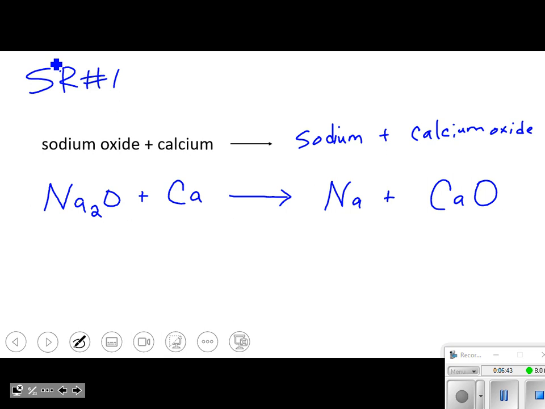Now, as I'm looking at that, Matthias, am I balanced? I am not. Why am I not? Because my sodium is off. So, if I put a 2 there, am I now balanced? Yes, I am. So, ladies and gentlemen, that's our first single replacement reaction.